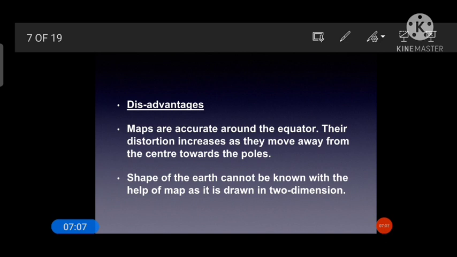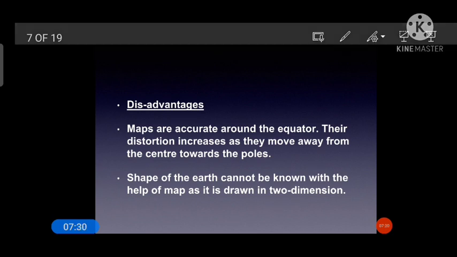Like in the case of a globe, it gives the true shape of the earth, right? But a map cannot show you the shape of the earth as it looks flat. The representation of the earth's reality is on a flat piece of paper. You cannot judge the shape of the earth with the help of a map. So these are the disadvantages of a map.